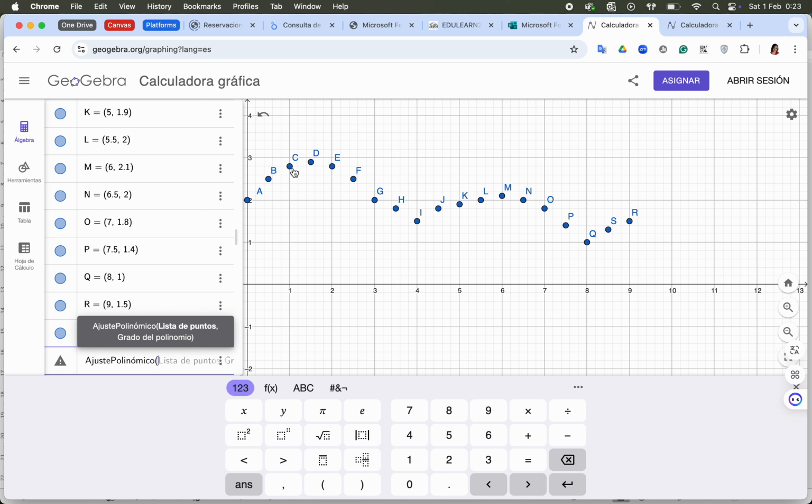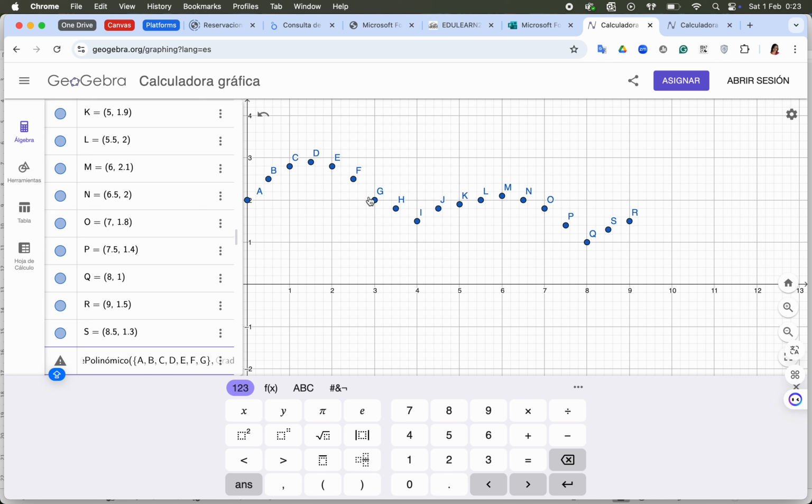So a set is written in curly brackets. So I'm going to write capital A, comma, capital B, capital C, capital D, E, F, and G. Why? Because for me, that is where it forms a quadratic function.